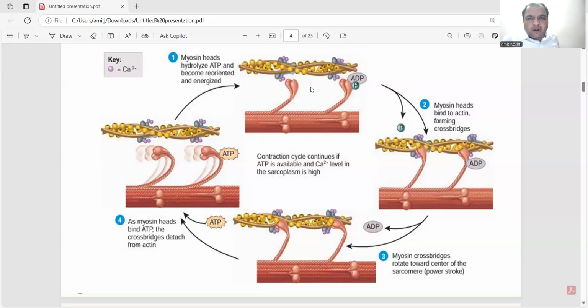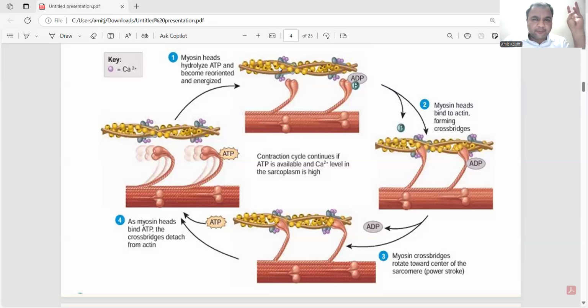Now let's talk about the myosin molecule. It has two features: this is the tail part and this is the head part. The head part has got two regions. One domain is the binding site for the actin. Then it has the binding site for the ATP also.